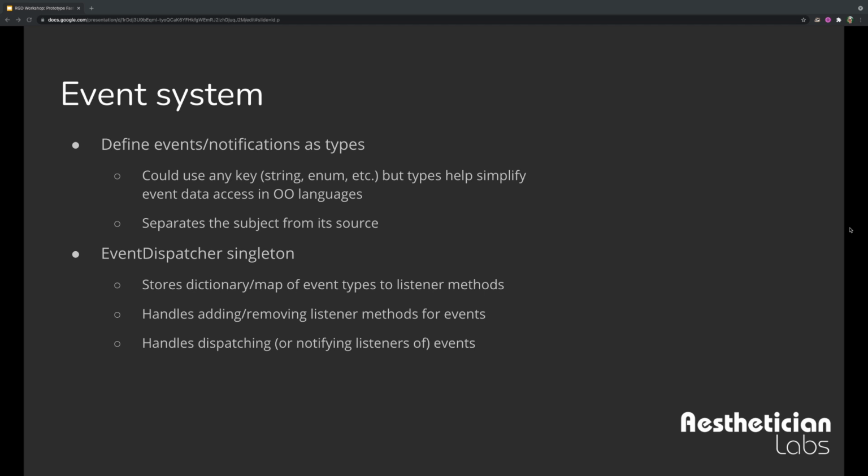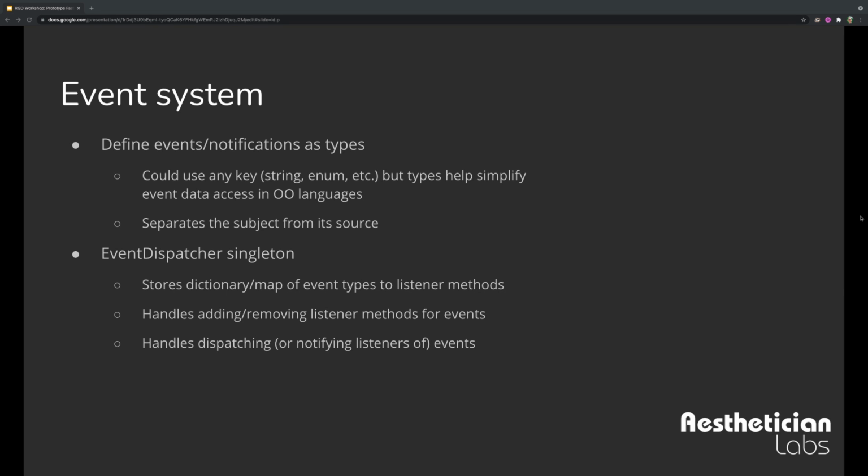Like I said, it becomes the subject. So this separates the subject from the source of the notification. So the notification still comes from the player and it's packed with the data, for example, the number of coins, but the way that you listen is by reference to the event, not by reference to the source.